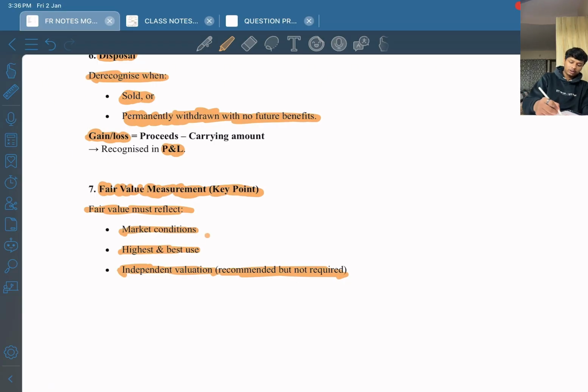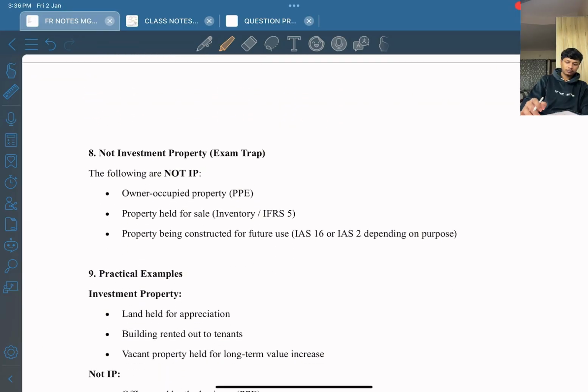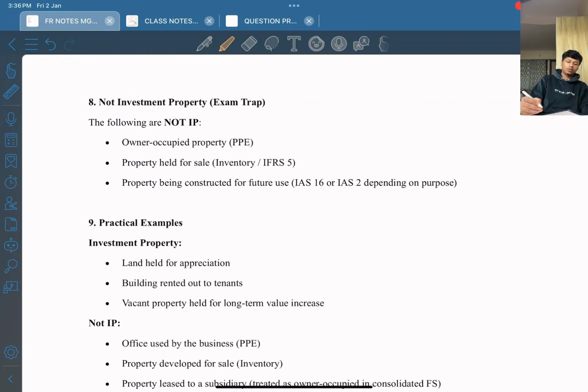So we have to see that the fair value should be under market conditions, and it should be the highest and the best use of an asset, and if it is an independent valuation, then it is better, but it is not required. So what are the things that are not considered as investment property? Owner occupied property is not an investment property, it is property, plant and equipment.